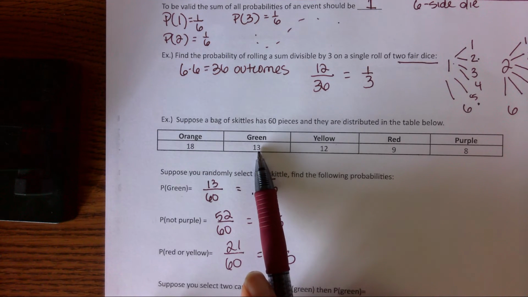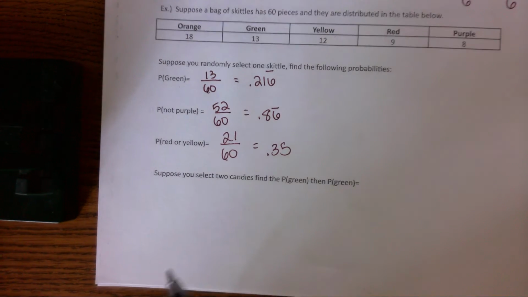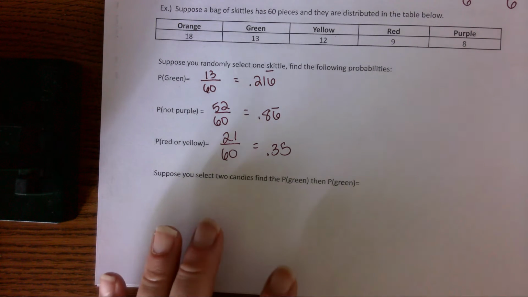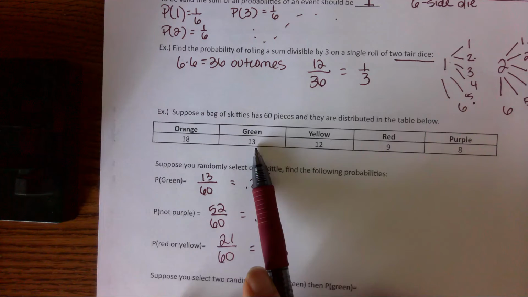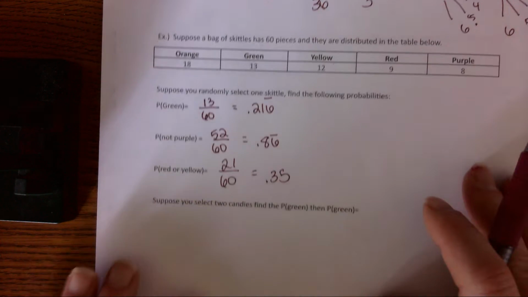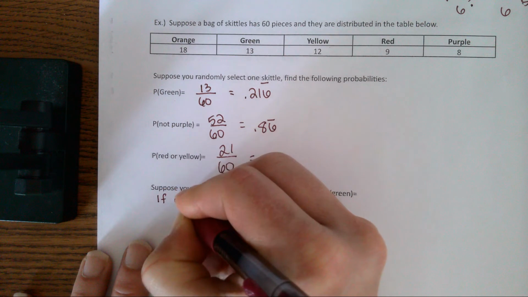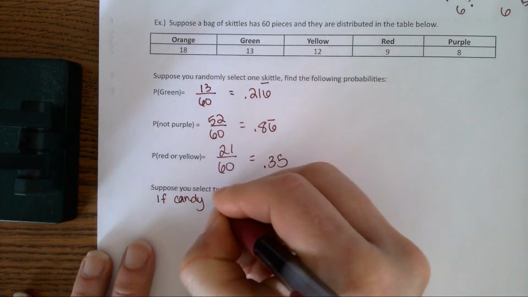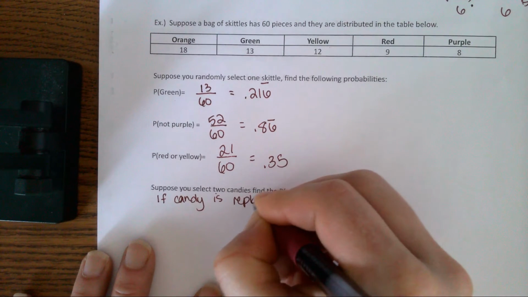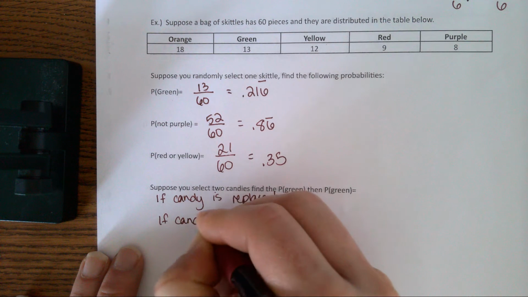Agreed? However, if you don't replace it, isn't the number of outcomes different now? Yes. Okay. So we're going to say if candy is replaced, and then if candy is not replaced.